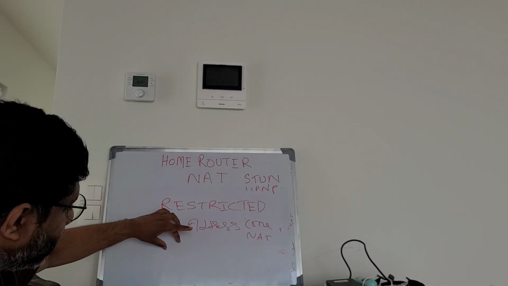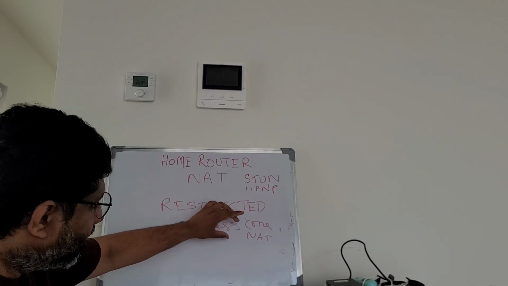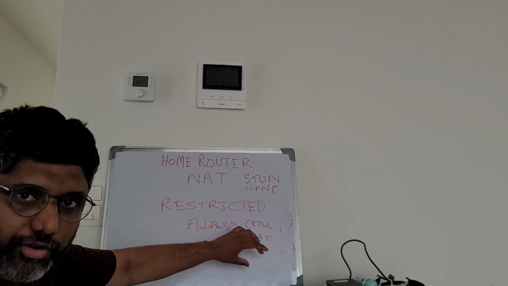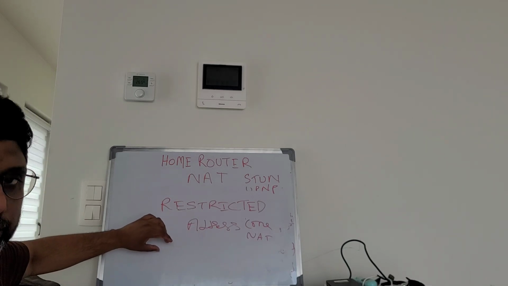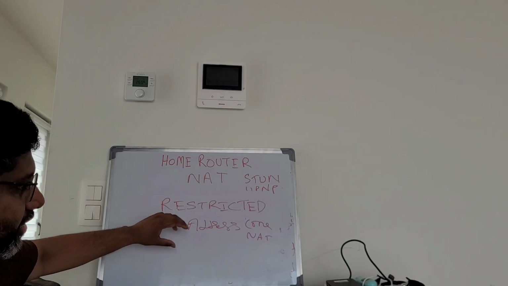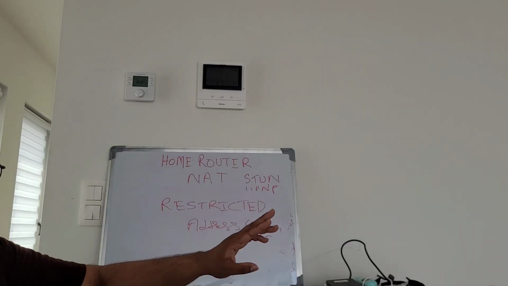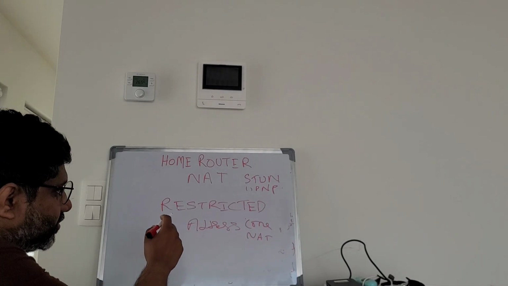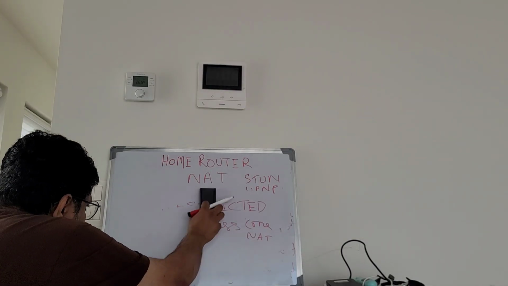If an internal LAN client had sent a packet earlier using the public address to the external server or external client, then the external client can send the packet to the internal client. That means initiation should be done from the inside, and only the address should be matching, right? So that's why it's called restricted address cone NAT.